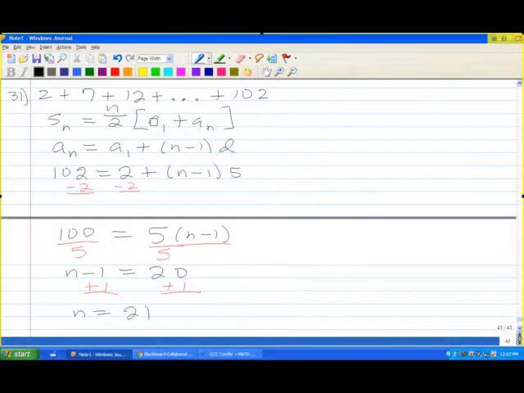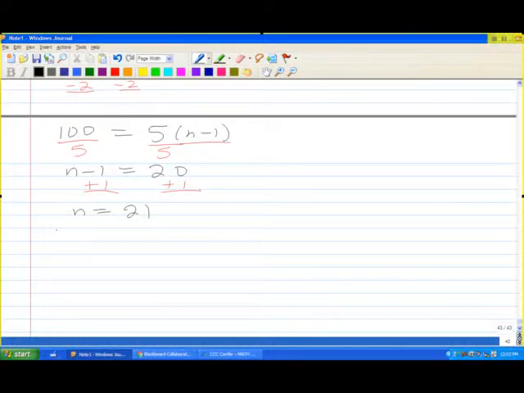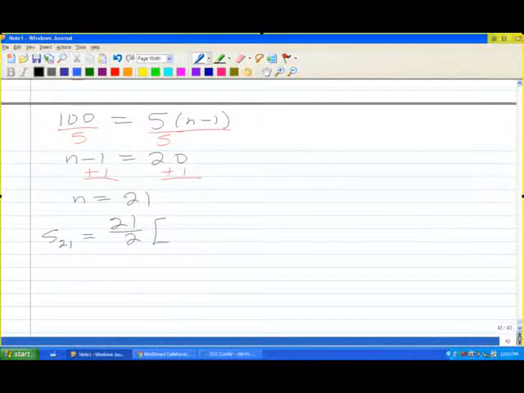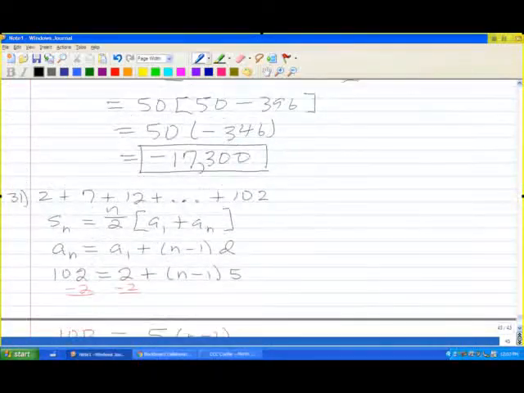So the sum of the first 21 terms is n over 2 times (a1 plus an). a1 in this case was 2, and an, the very last term, was 102.